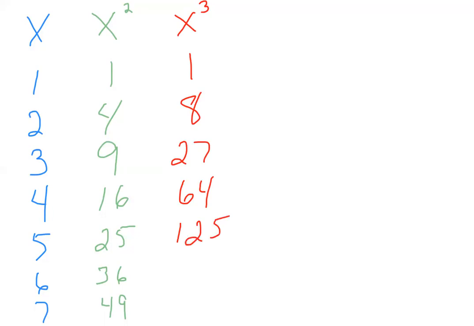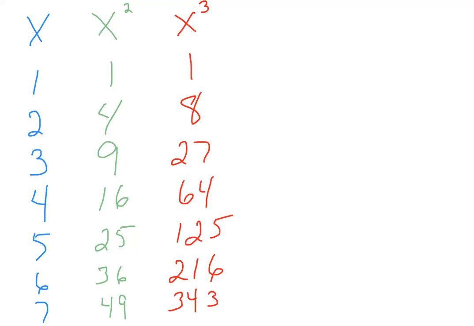And this is where I slow down. 6 times 36 is 216. And 7 times 49 is 343. Yeah, 343. So that is a partial list of perfect cubes.